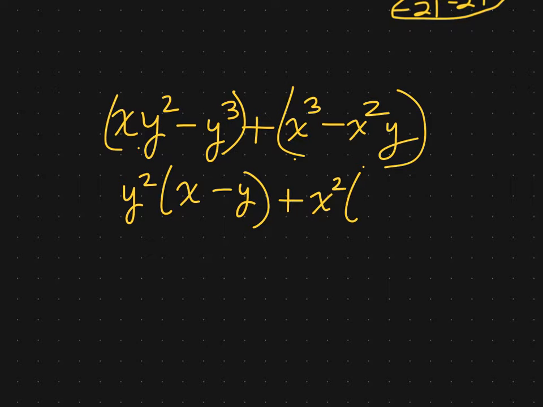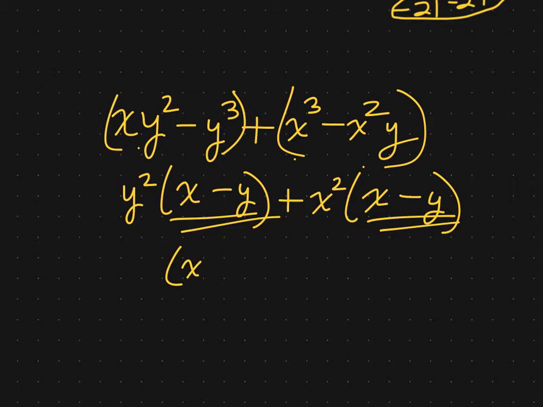X squared out of x cubed leaves x. X squared out of x squared y leaves minus y, and we got what we wanted because those two are identical. So in our answer, we're going to have a factor of x minus y and a factor of y squared plus x squared.